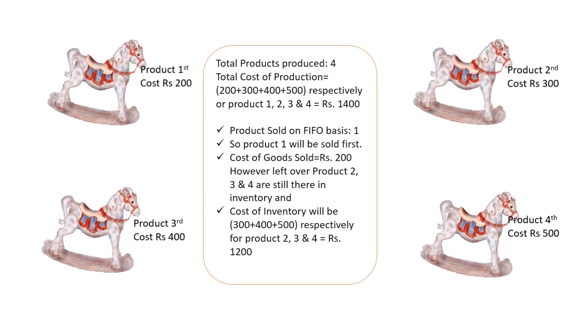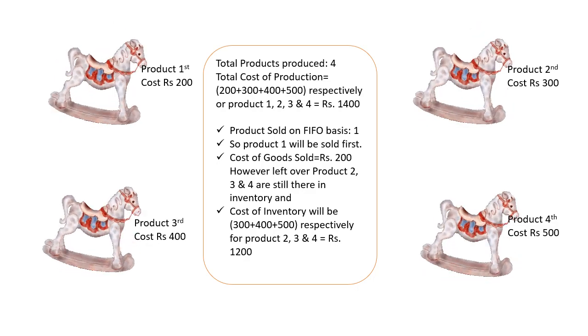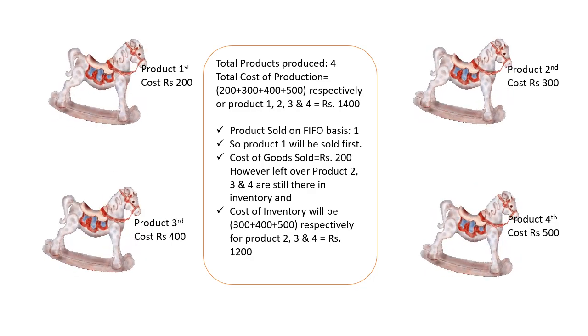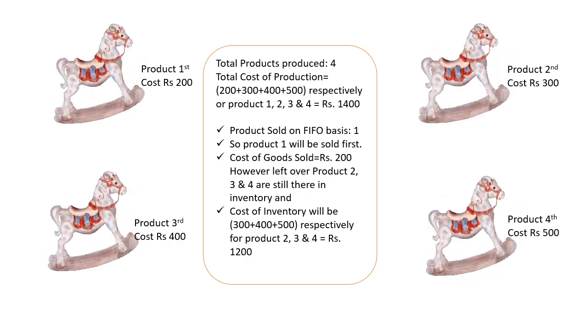Now going further into the details, let us sell product 1 which has the cost of rupees 200. We have total products produced 4. Total cost of production is rupees 1400, as we have rightly discussed in the last slide.